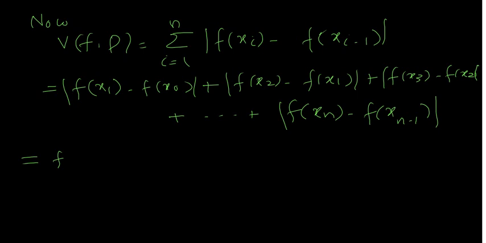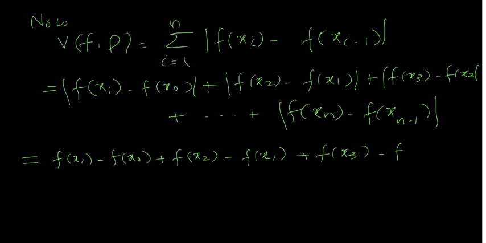It's f of x1 minus f of x naught plus f of x2 minus f of x1 plus f of x3 minus f of x2, then you continue this sum, and the last nth term is f of xn minus f of xn minus 1.